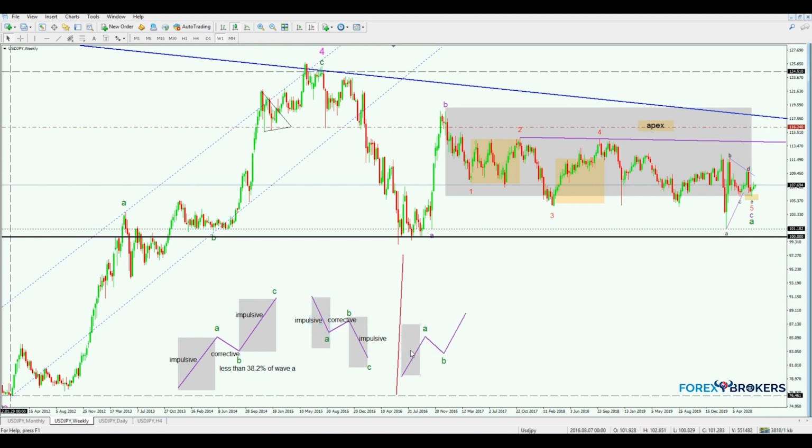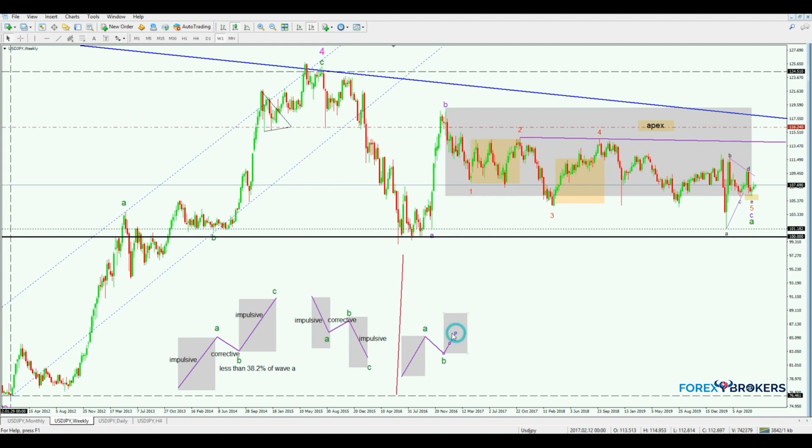So this would be the time that it took for wave A to form, and this is the time that it takes for the C wave to form. Now, the length of this C wave is what gives the type of zigzag. If the C wave is less than 61.8 of wave A, then that is called a truncated zigzag.